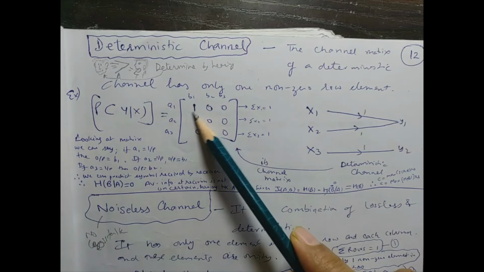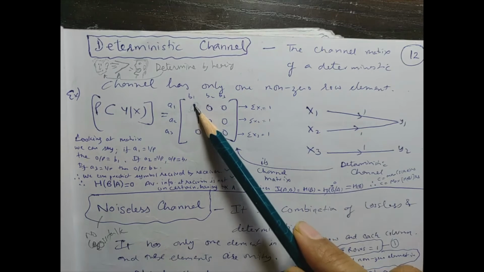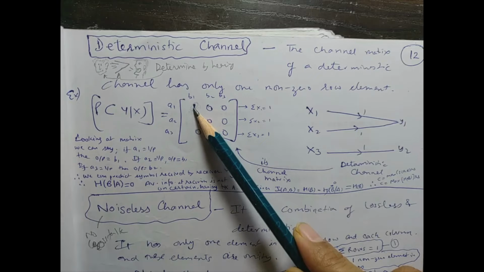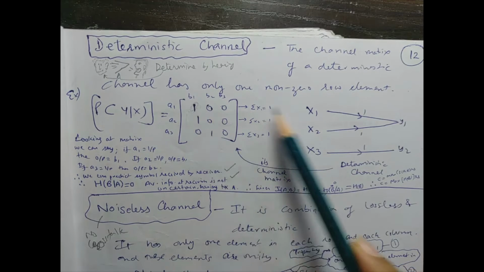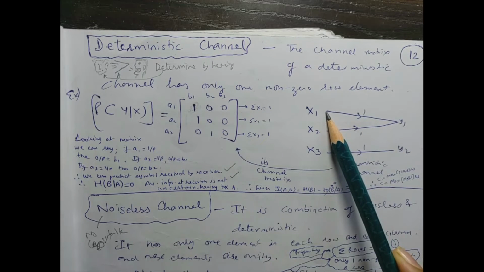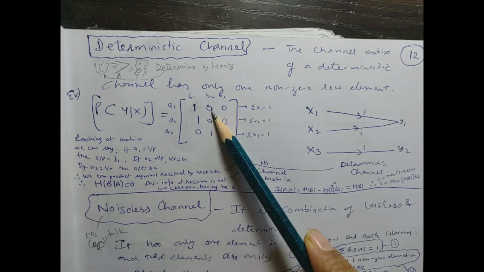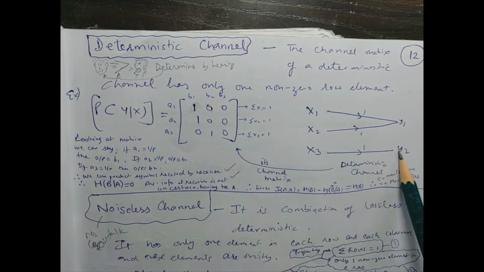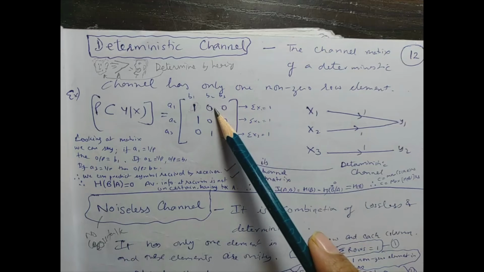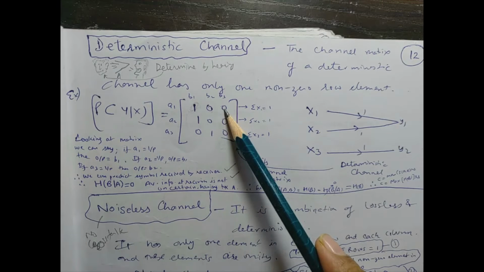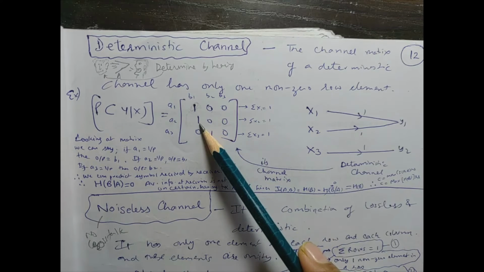So the conditional probability here is p of y1 due to x1. So that is 1. This is p of y2 due to x1, which is 0, that's why 0, and then y3 due to x1 again 0.